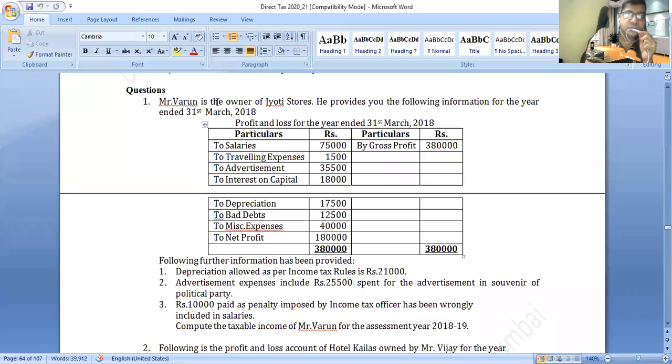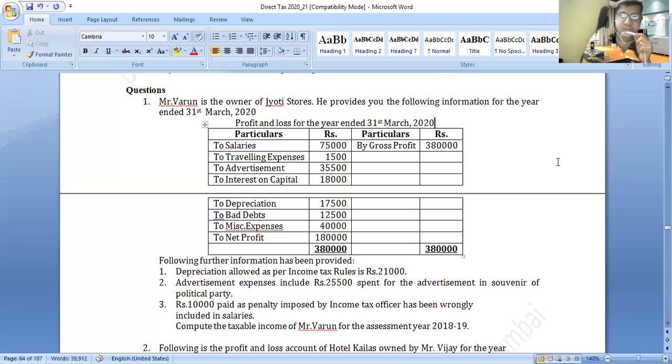Mr. Varun is the owner of Jyoti Stores. He provides you the following information for the year ended 31st March 2018. Profit and loss account. We will change this year. We will consider our current previous year. Profit and loss account for the year ended 31st March 2020.